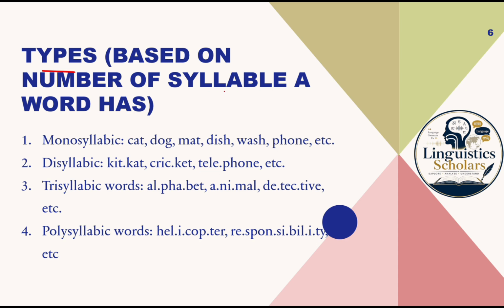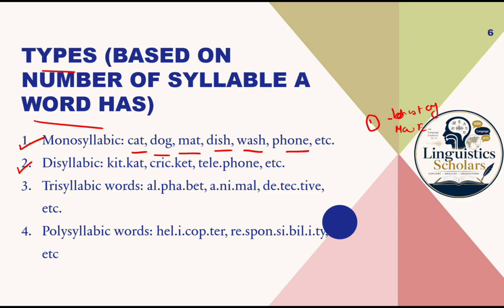And next, these are the types based on the number of syllables a word has. In monosyllabic words such as cat, dog, mat, dish, wash, phone, you use one burst of muscular energy.